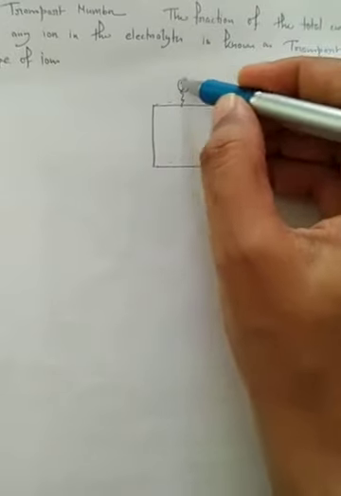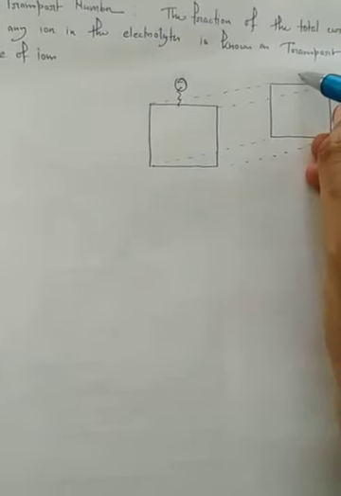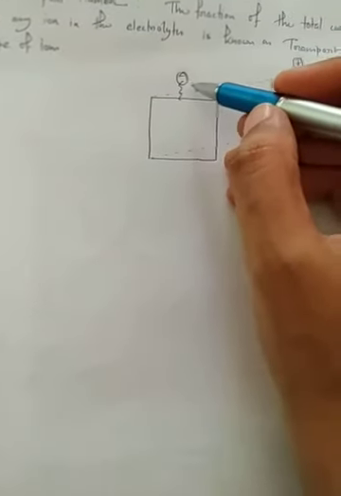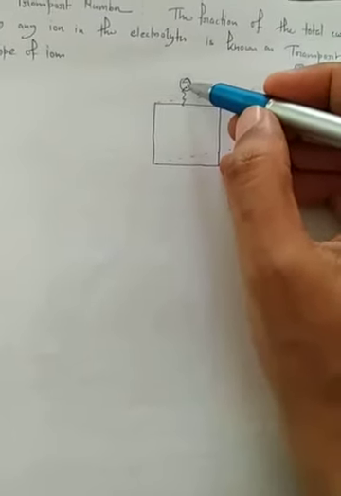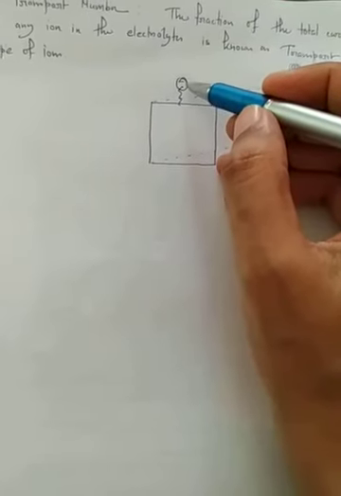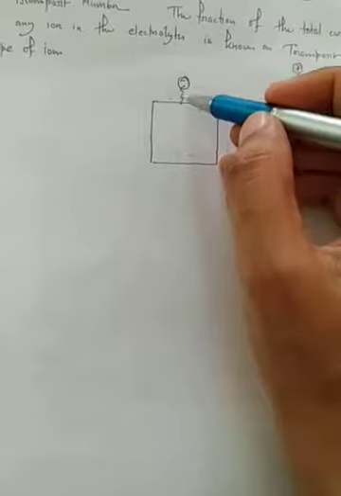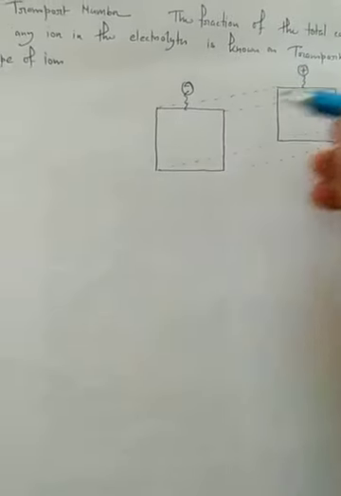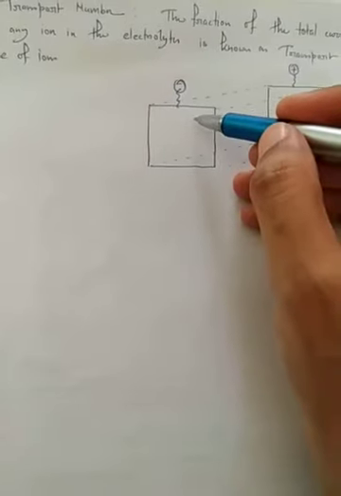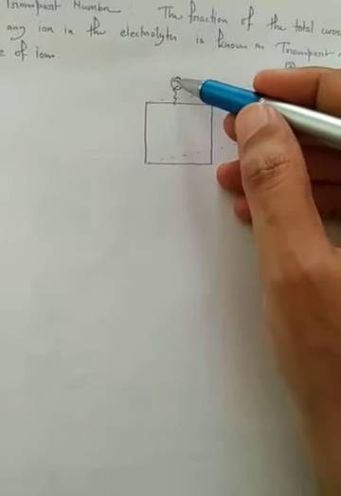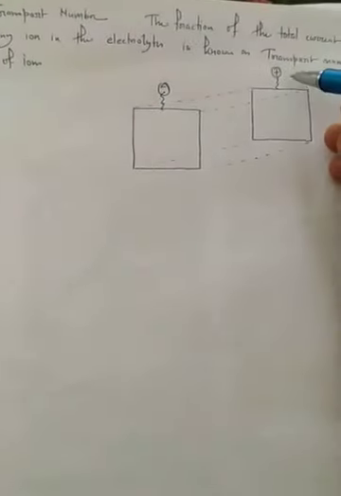This one is connected with the minus sign, so this is the cathode, and this one is with the positive end of the cell, so this is the anode.